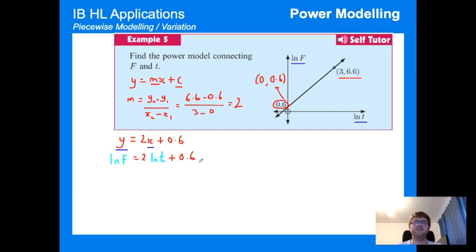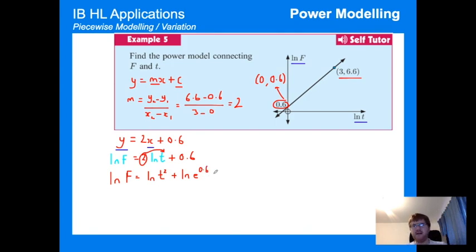Now we're going to get f on its own by using natural log laws, and log laws in general, in reverse. Pay attention carefully to this part. ln f is going to stay the same. We can take the 2 in front of a log and bring it to the back, so we can rewrite this as ln t squared. The strangest step of the whole operation is that 0.6 can be rewritten as ln e to the 0.6.